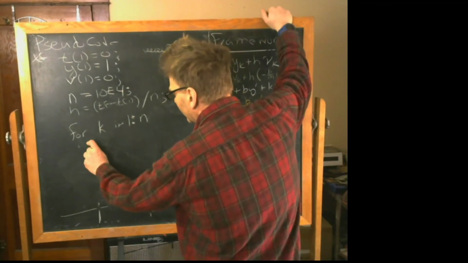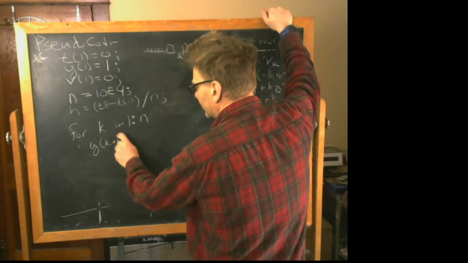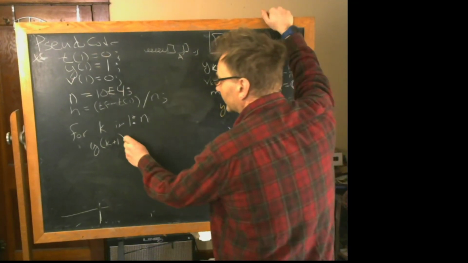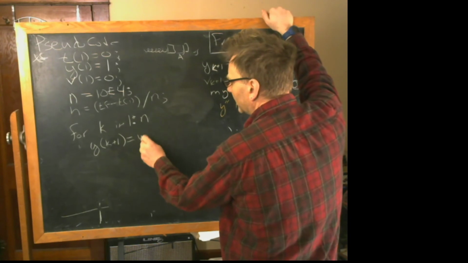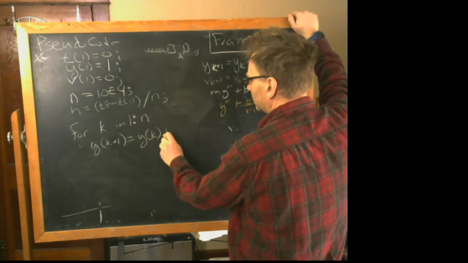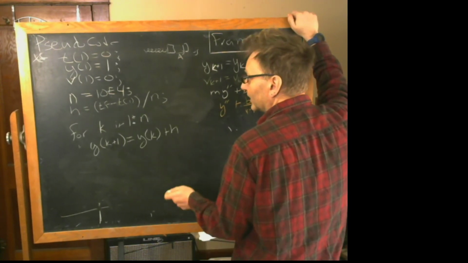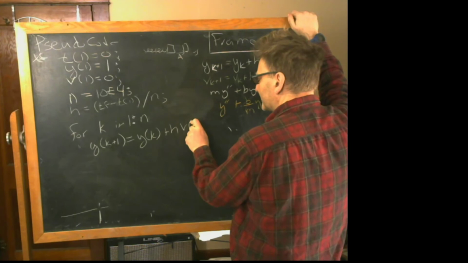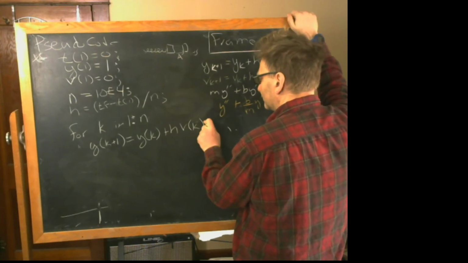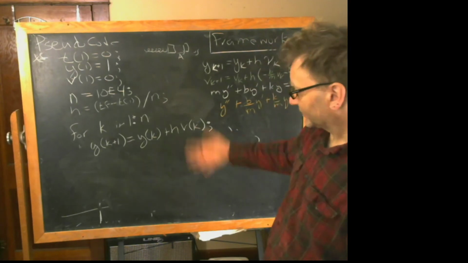So I can say y of k plus 1, my next y value, is going to equal my y of my current y value plus h, which was calculated up here, times my current velocity value. And this will update all of those.